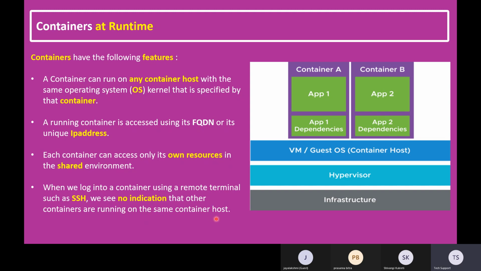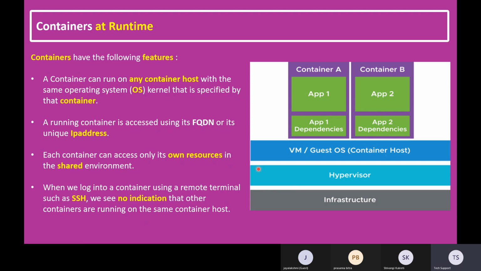Same like our virtual machine. When we log into virtual machine 2, we don't know which ESXi host this VM is running on. Same way, in a container, when we log into one container, we don't know about our backend container host. It's completely isolated. This is the important point.